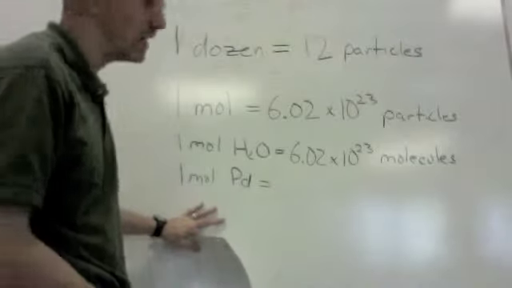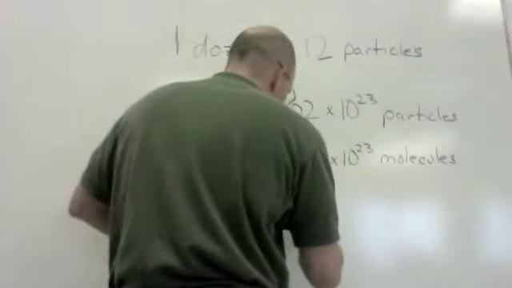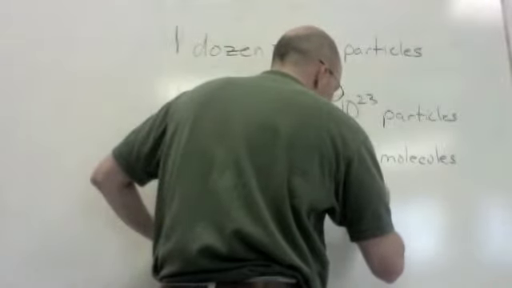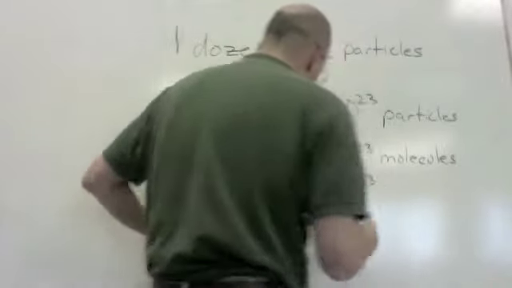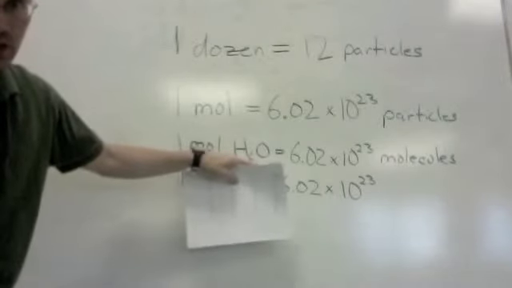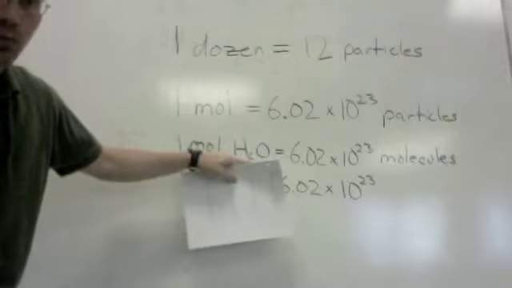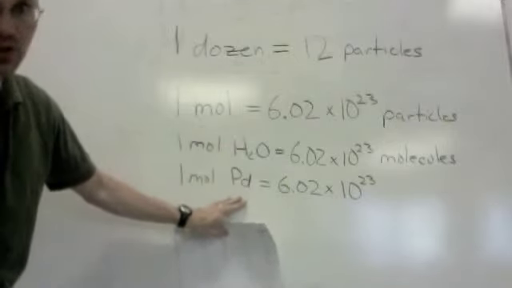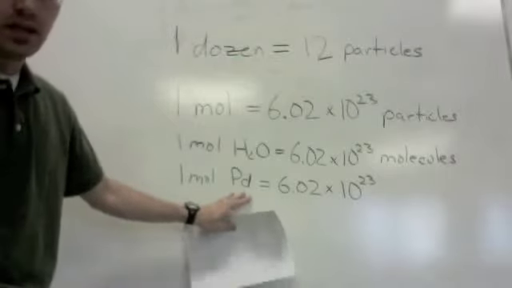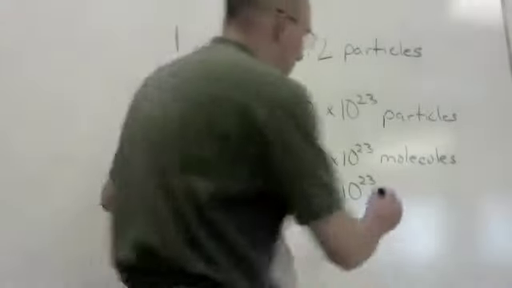The question is, what is that something? If you look here, what is the smallest unit of H2O? It's an H2O molecule. What is the smallest unit of palladium, which is Pd? It's a palladium atom.